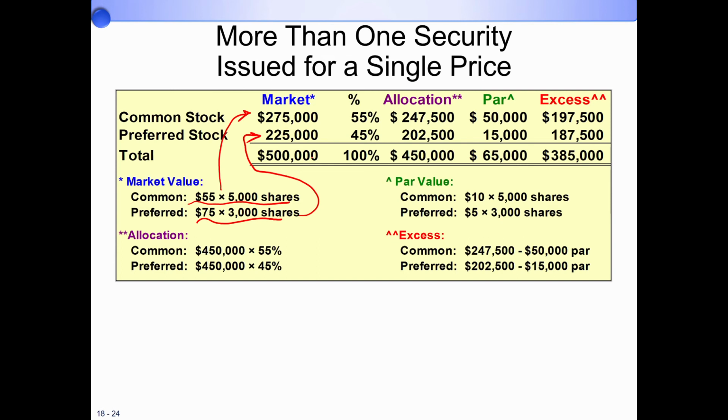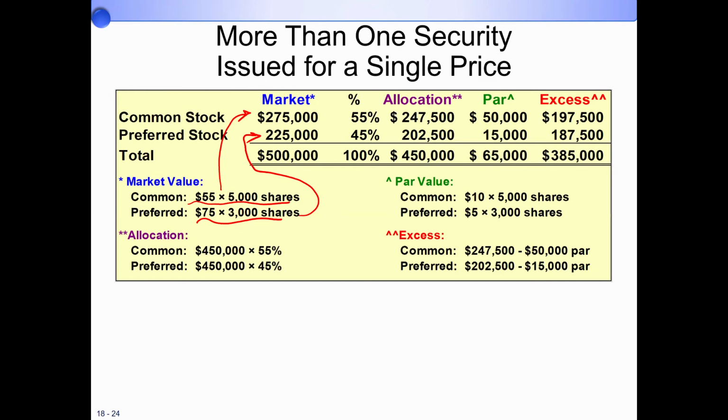And then remember, you issue these shares for only 450. You give them a discount, you issue at a package price. So then you just want to allocate the 450 between the common stock and the preferred stock proportionally.